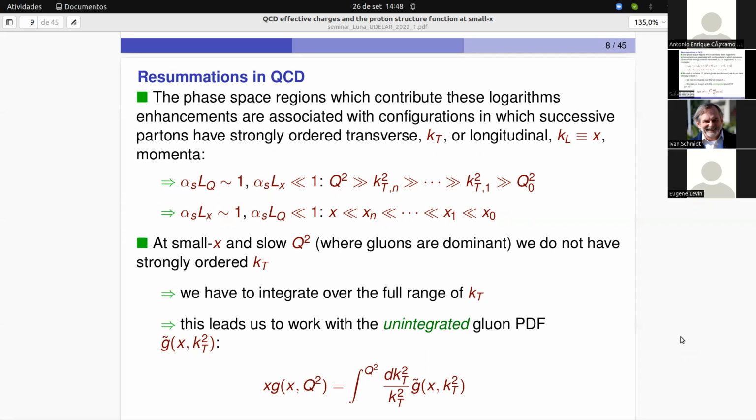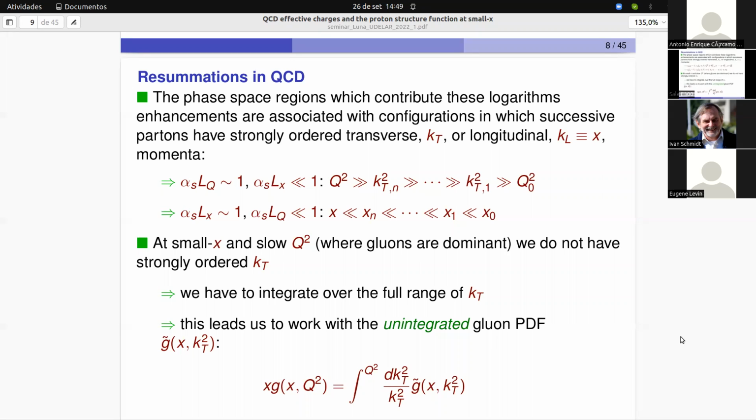The consequence is that you will have to work with the unintegrated gluon PDF that I call G tilde here. G without tilde is the PDF that we usually work with, from the DGLAP evolution equations, and G tilde is the unintegrated gluon PDF. The relation between G tilde and G is given by this equation, for example.